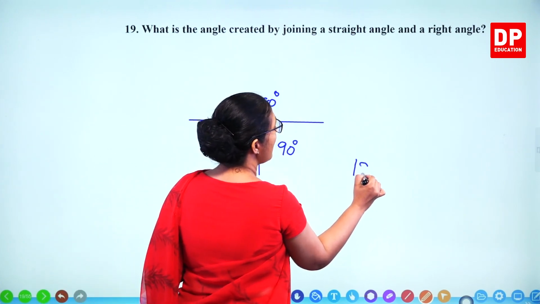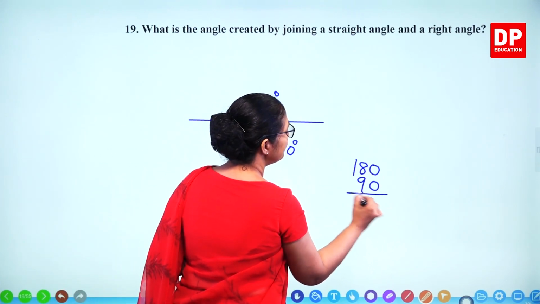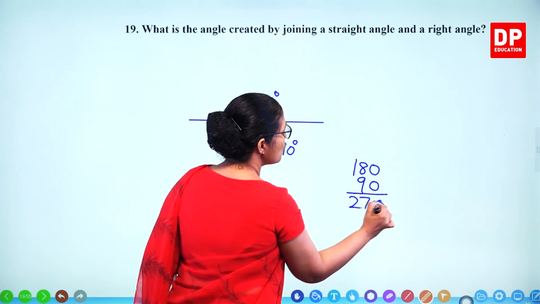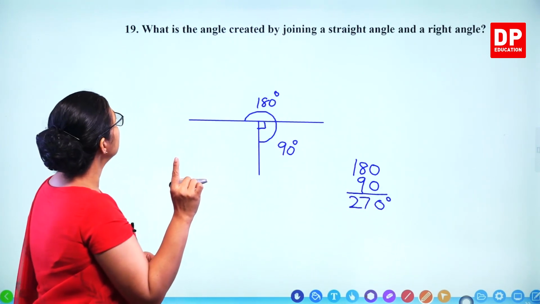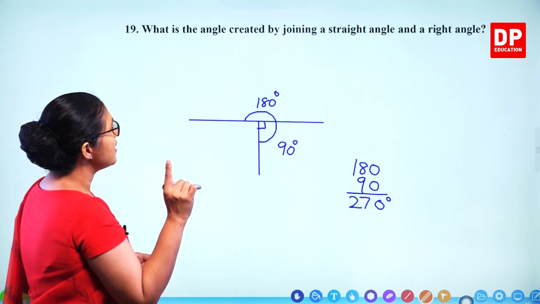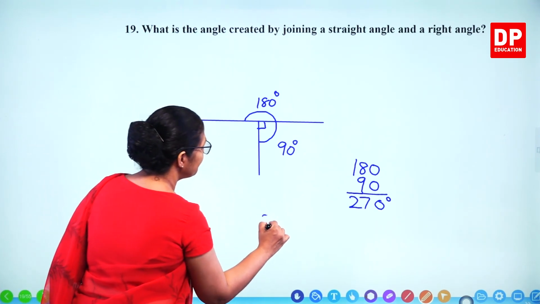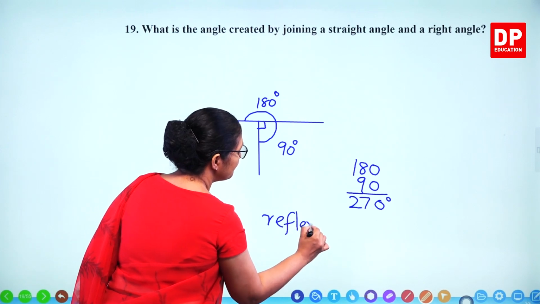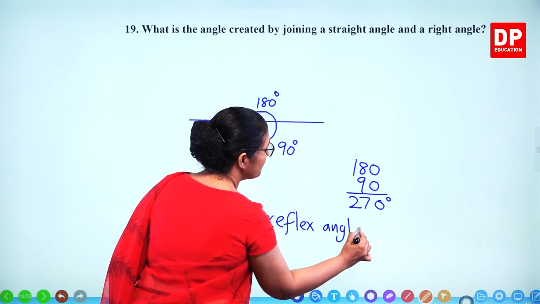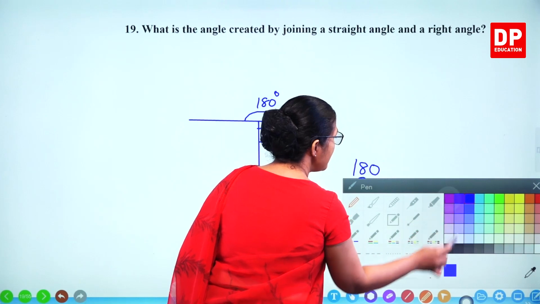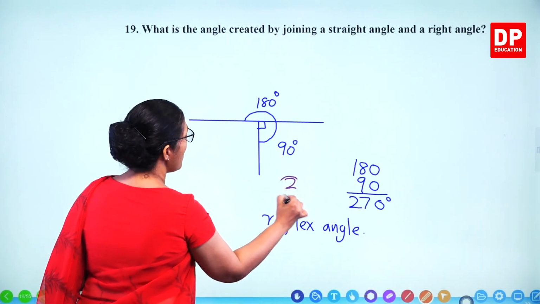So what's the angle? 180 plus 90. 270-degree angle. This is a reflex angle. This value is 270. So 2 marks.